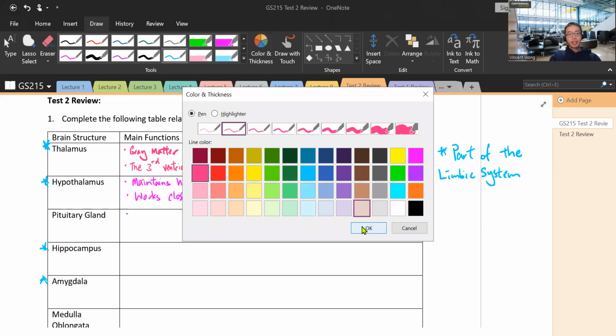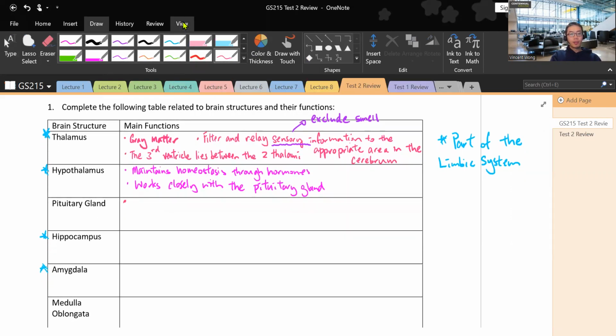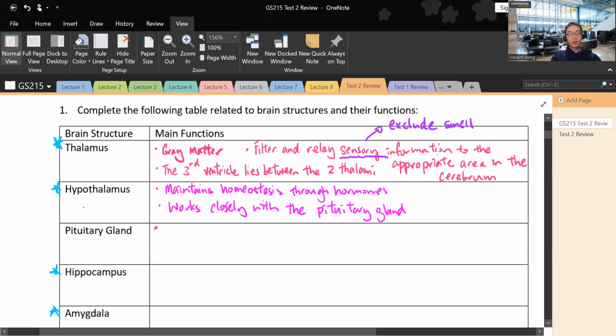Now the pituitary gland is physically connected to the hypothalamus. This is below the hypothalamus. There is some overlapping function.